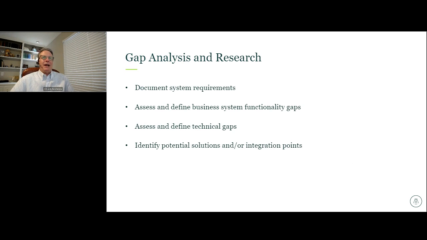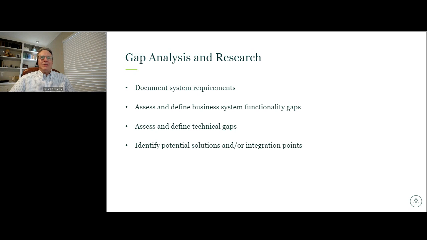Moving into gap analysis and research, what we're going to get into there is obviously documenting system requirements, thinking about things from an end state perspective. It's important to pin these down and figure out what is needed so that we're able to define which requirements are met and which requirements are not met.